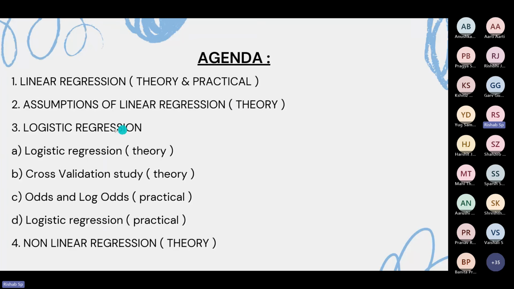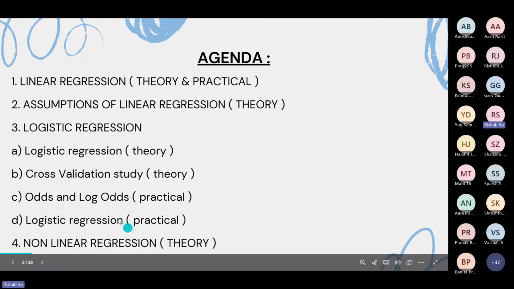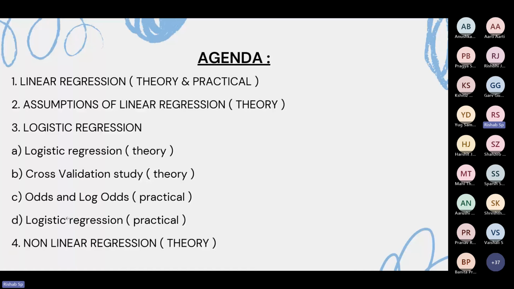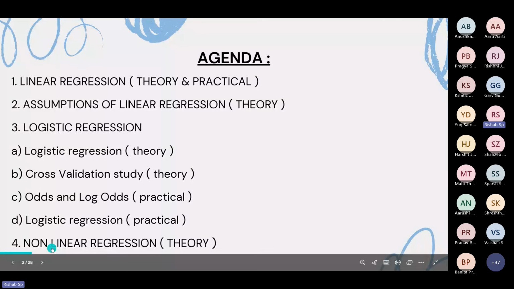The main concept in this module is logistic regression. We have 2 theory concepts, which are easy, and we have a practical session for logistic regression, where we have to solve problems. Lastly, we have nonlinear regression, which is theory.